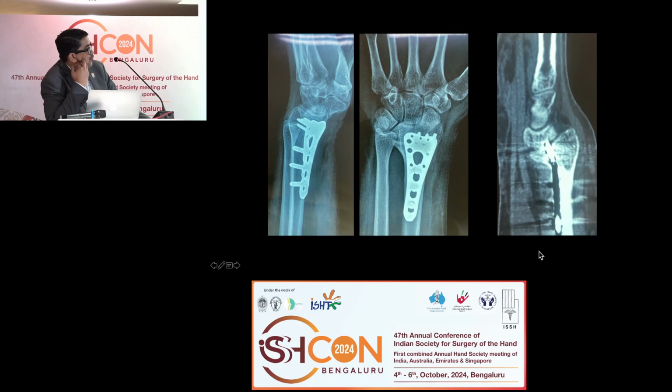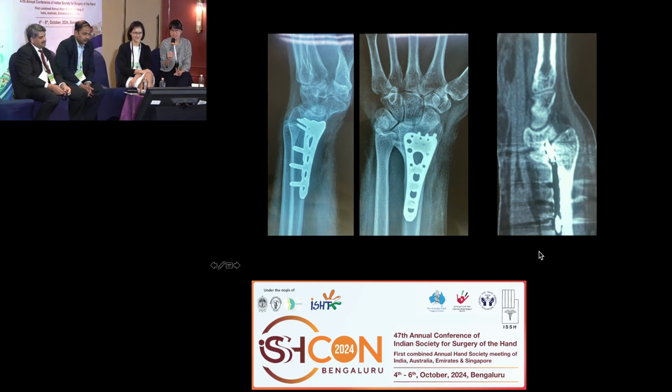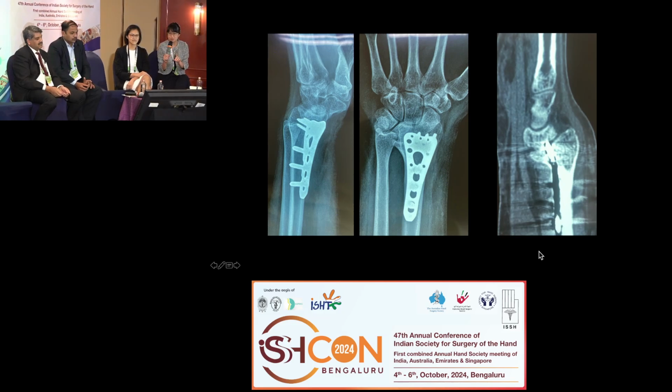Who would want to do what for this patient? It's one of the rare occasions where the index surgeon has done a CT scan. Assuming this is a youngish patient who is symptomatic, in his early 30s, we have actually 2 joints to address. One is the radiocarpal joint and one is the DRUJ.